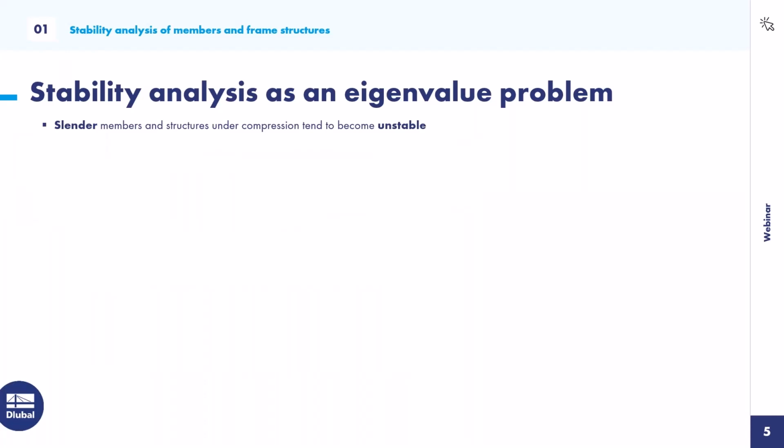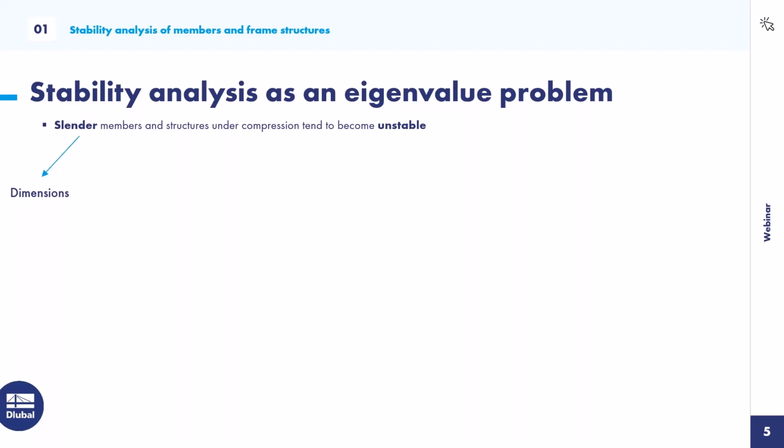Okay, before we jump into the first model, I want to give you a brief introduction and explain at the very least a few points that are related to the stability analysis and how we perform it in RFEM 6. So what elements or structures are we taking care of with this analysis method? It's usually slender members and structures under compression that tend to become unstable, where the slenderness of a member or a structure is not only defined by its dimensions.